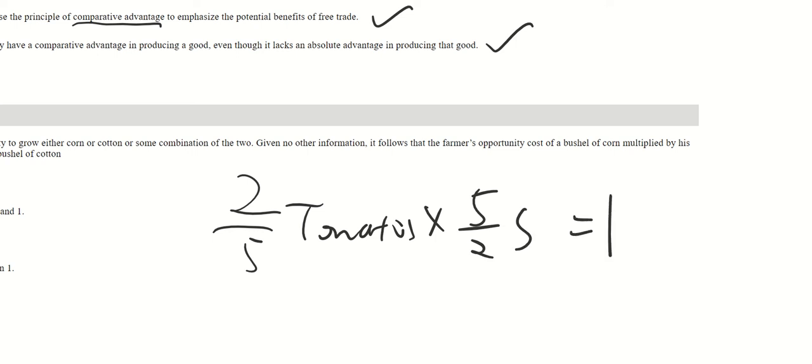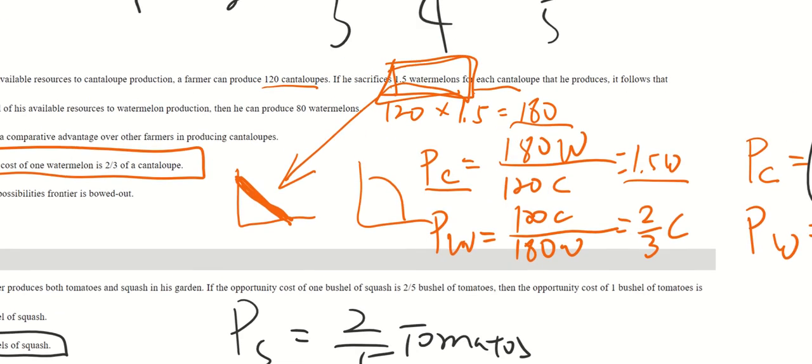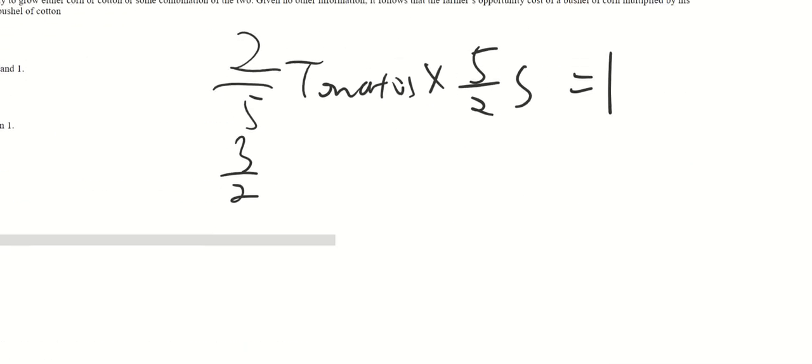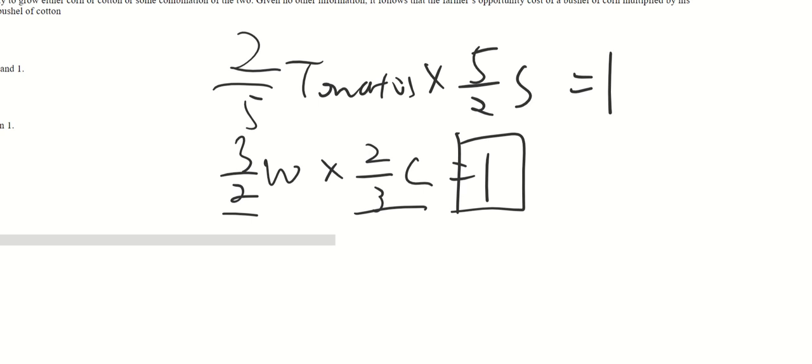And if you use the first example we had, what's the thing we talked about on the first question? Watermelon. So 3/2 watermelon times 2/3 cantaloupe, and it's also equal to 1, right? Because the two opportunity costs are the reciprocal of each other. So if you multiply them by each other, they always equal 1. Okay, so that's the answer.